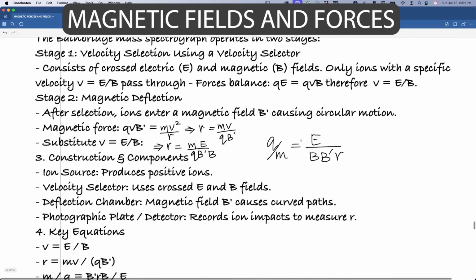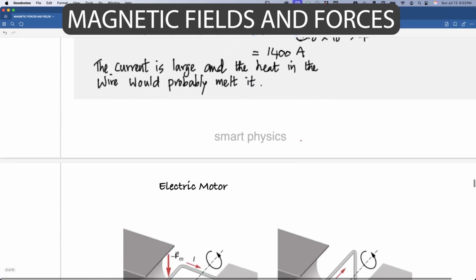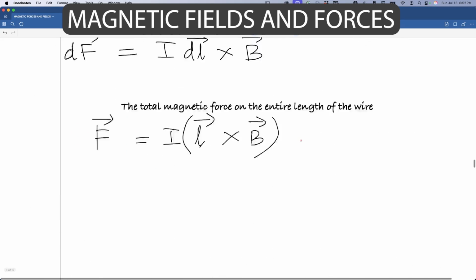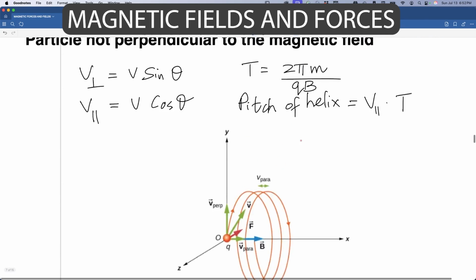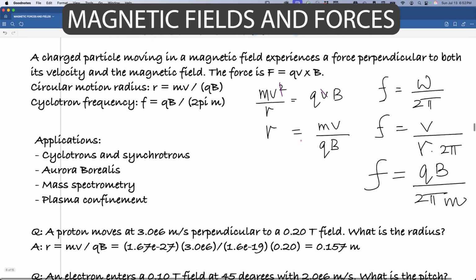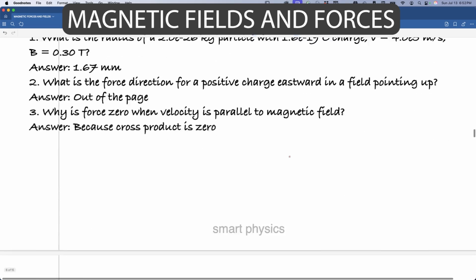If you make velocity the subject, you will get QBR divided by m. Right? If you make velocity the subject, QBR divided by m.